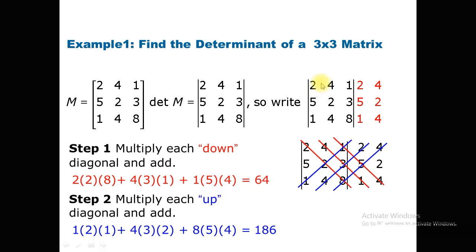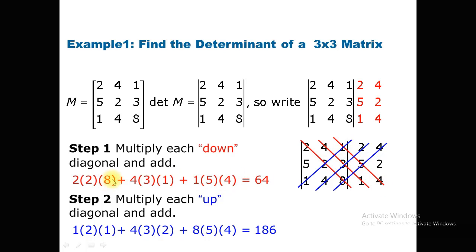So now to find the determinant, multiply each of the down diagonals. These are the down diagonal entries: down diagonal 1, down diagonal 2, and this is the third down diagonal. So multiply each down diagonal, which are represented by red color: 4 2 2 and 8, plus the second diagonal 4 3 1, plus the third diagonal 1 5 4.